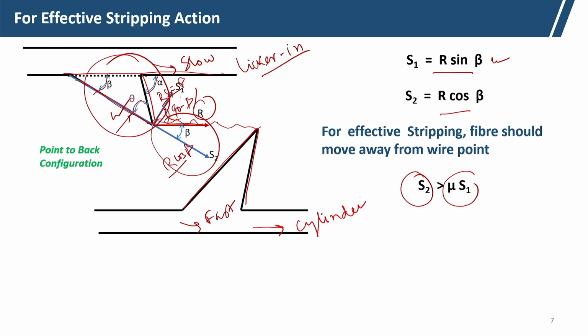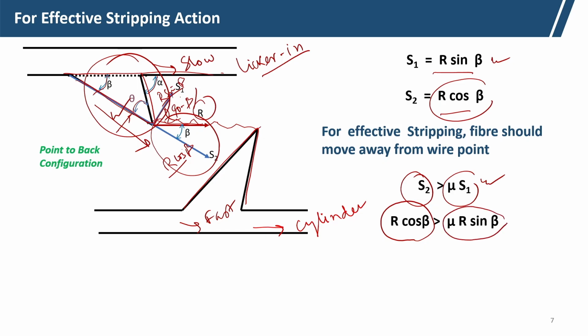Here we want the fiber to slide off from this surface, and that is why S2 should be more than mu S1. So, R cos beta, so here replacing S1, R cos beta is more than mu R sin beta, and that means cot beta is more than mu.